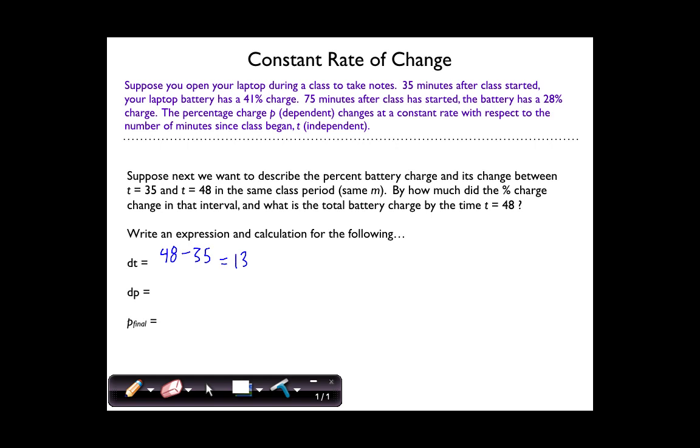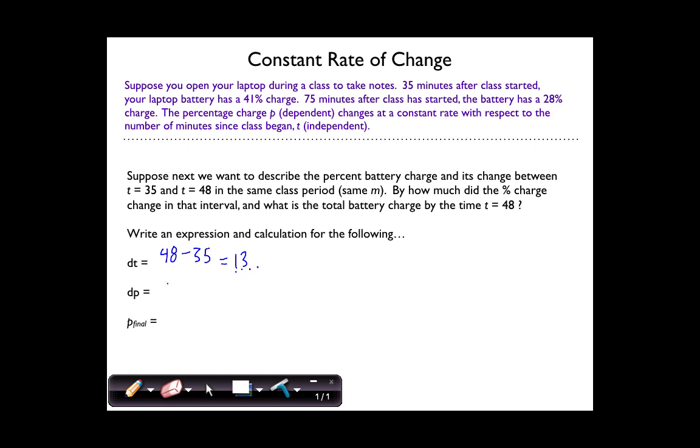We don't have any values for any other symbols for these, but just 48 minus 35 gives us 13. So dp, and I'm going to insert some function notation in just a minute, dp would be the corresponding decrease in this case in the battery charge during that time interval, which it doesn't matter that it's specifically this time interval from 35 to 48, but just that it's 13 minutes long, since we've got a constant rate of change.